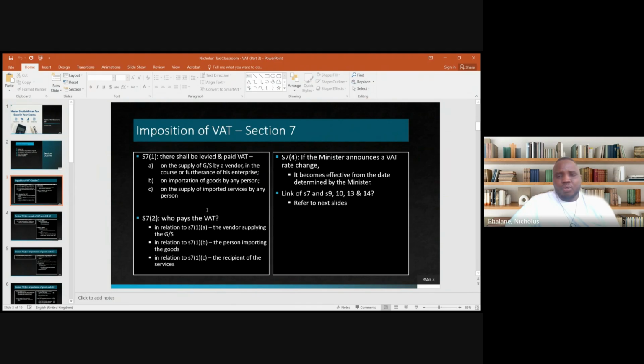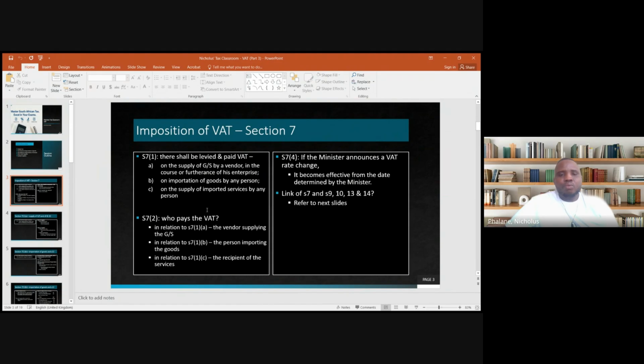So in order for you to know how to deal with a transaction properly, you need to know what you are dealing with, basically the issue. You need to know the definitions, which are mostly in Section 1.